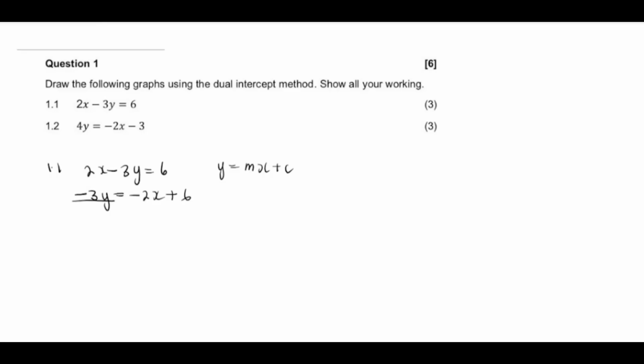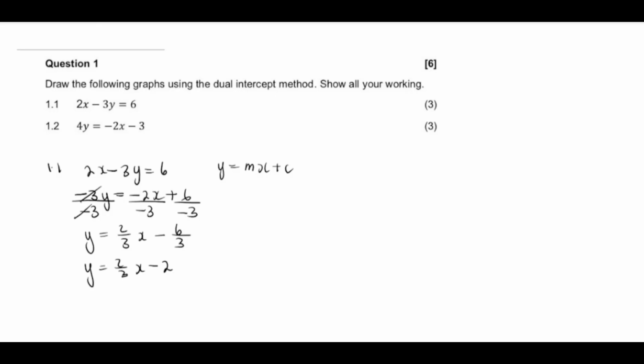And we divide throughout by negative 3 so that we are left with y only on the other side. y is equal to 2 over 3x minus 6 over 3, which can be further simplified to y is equal to 2 over 3x minus 2.